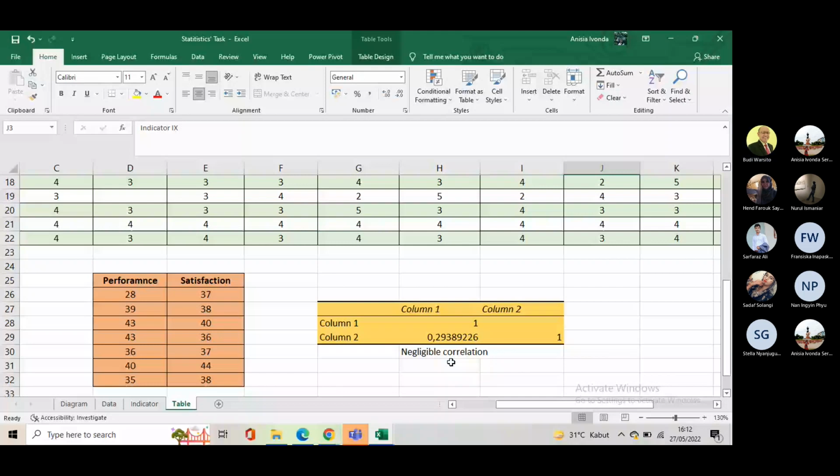Sir, my question is, because you said that we calculate correlation to know the correlation between one variable and two variables, there should be at least some correlation. But my result over here is negligible correlation, which is around zero.